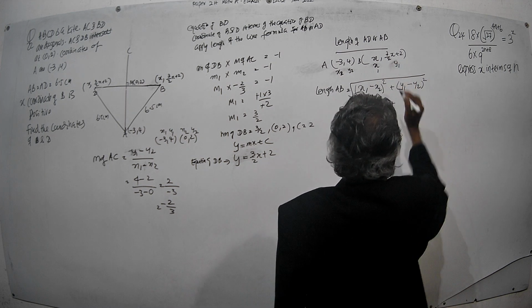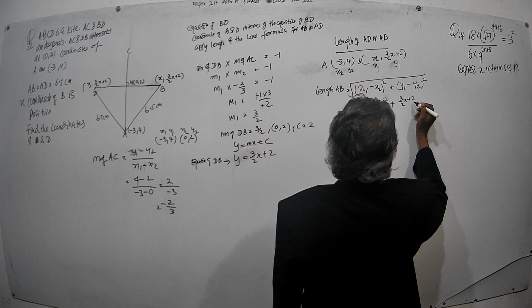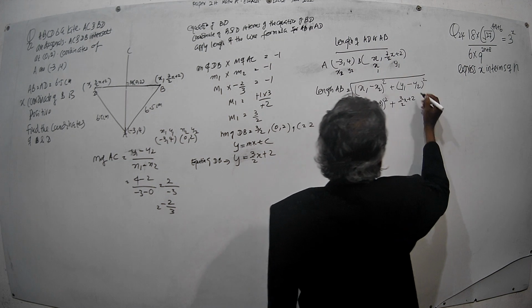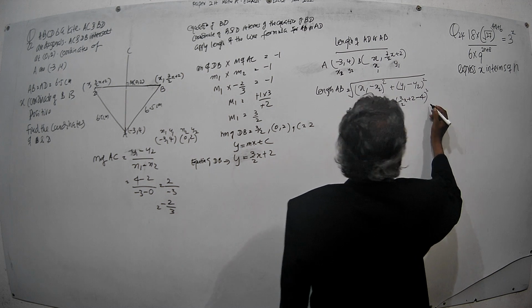Y1 is how much? This one, 3 over 2 x plus 2, that is y1. Then y2 is how much? This one, minus 4. Okay, like that.